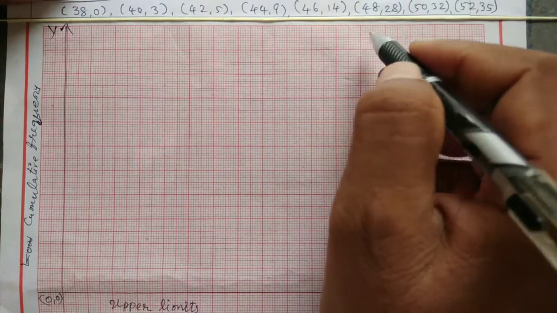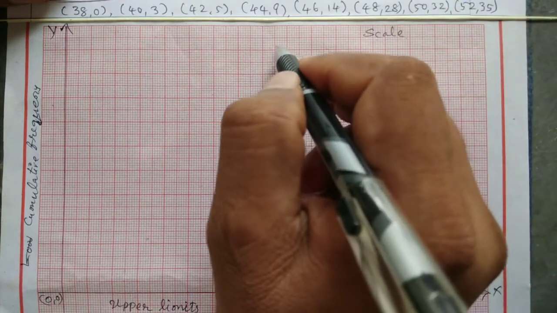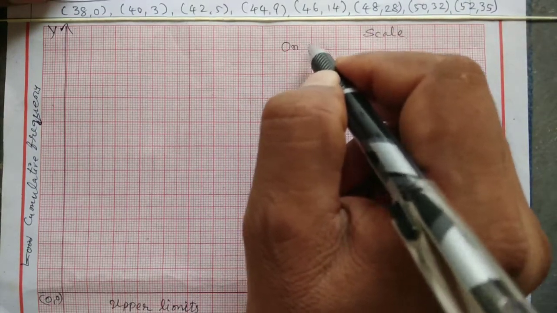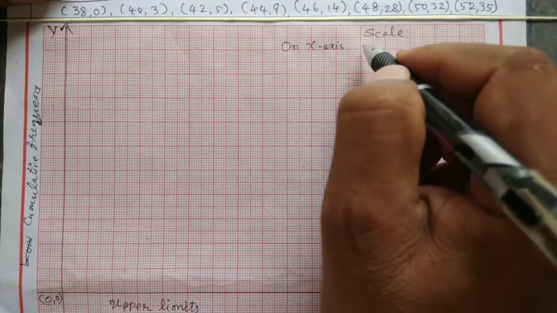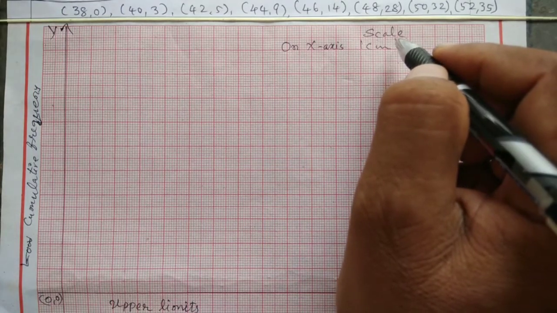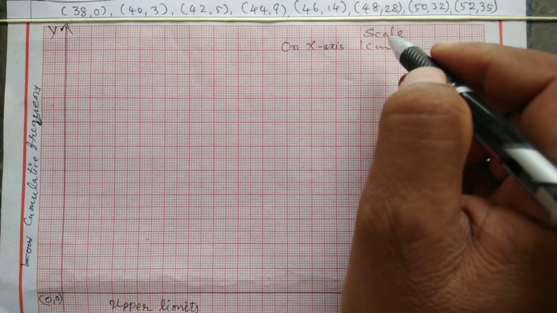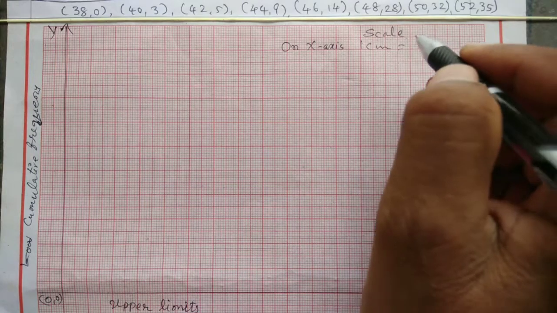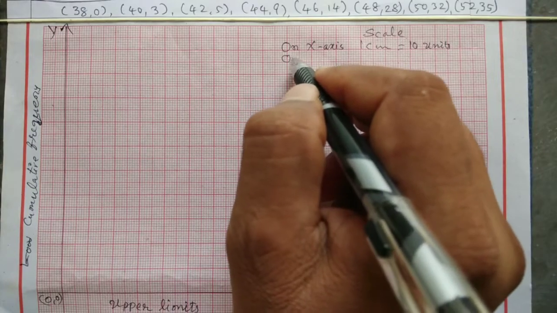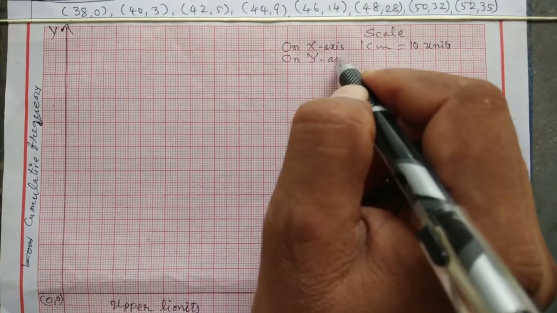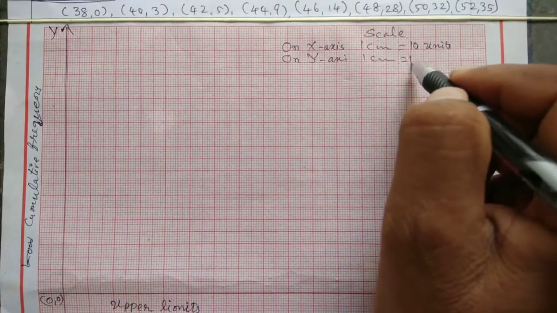Now we have to take a scale on the x-axis. For the upper limit, 1 centimeter we have to take 10 units. On the y-axis, 1 centimeter we have to take 10 units only.